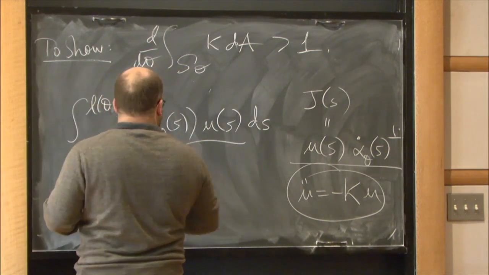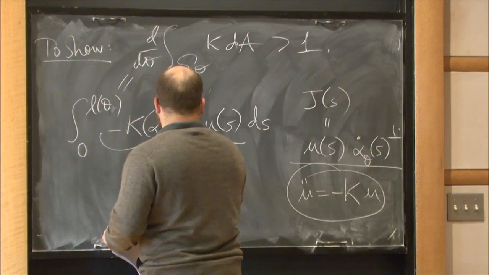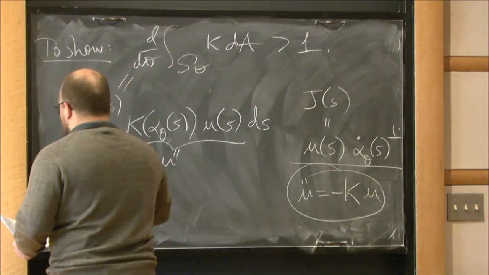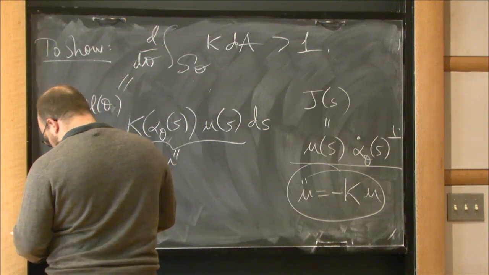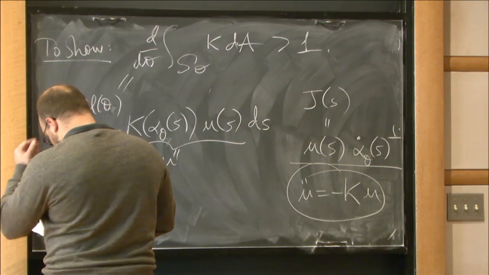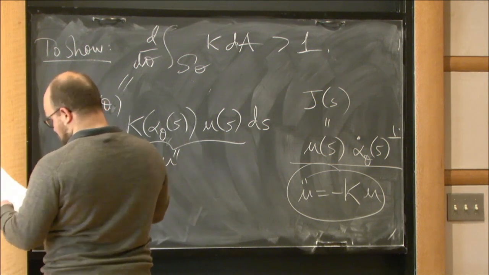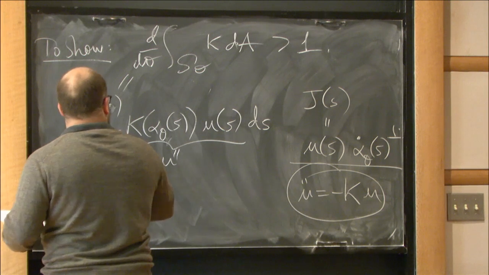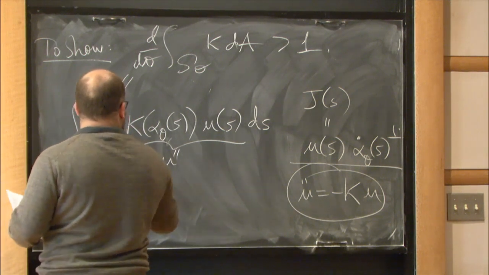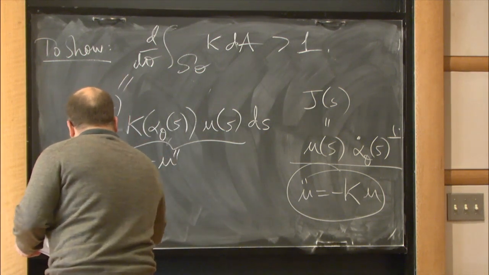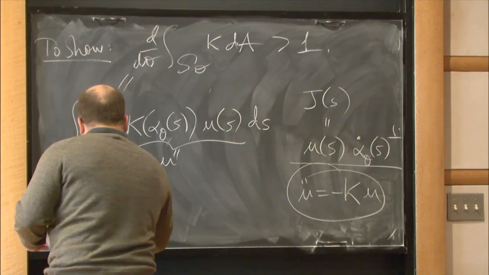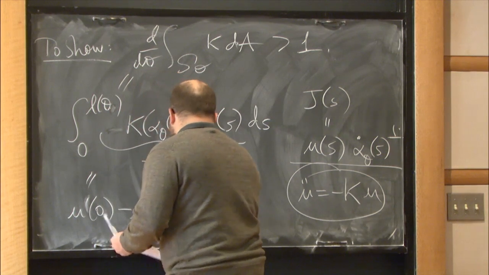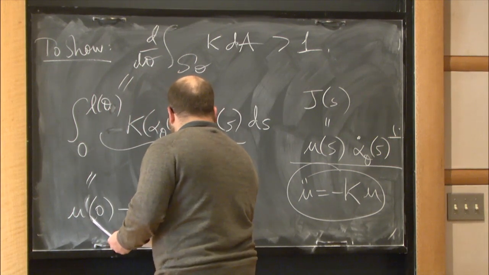So if you substitute this ODE, you're going to get u double prime. So this thing is equal to what? Actually, there is a mistake here. Here's a plus, so here you get a minus. So what you get is u prime at 0 minus u prime of L theta.